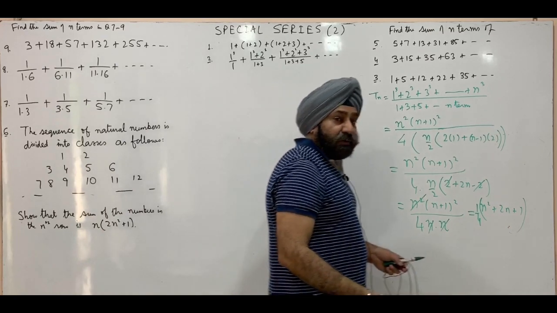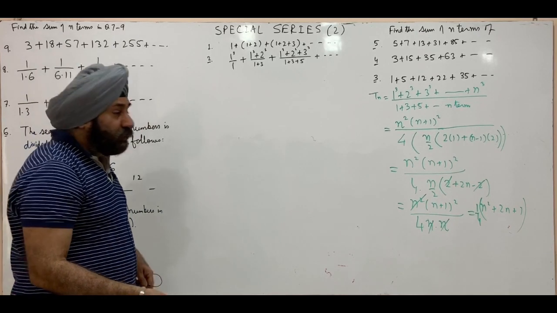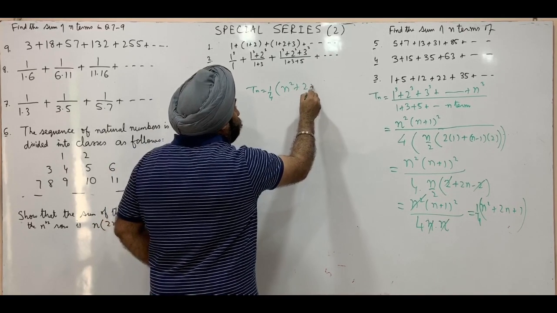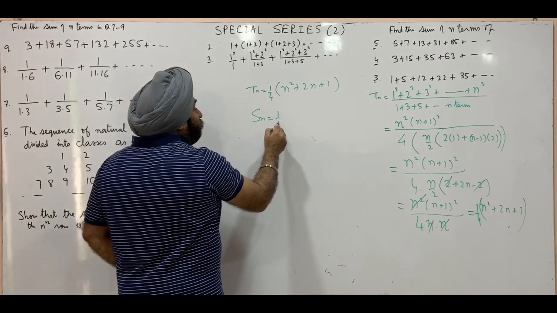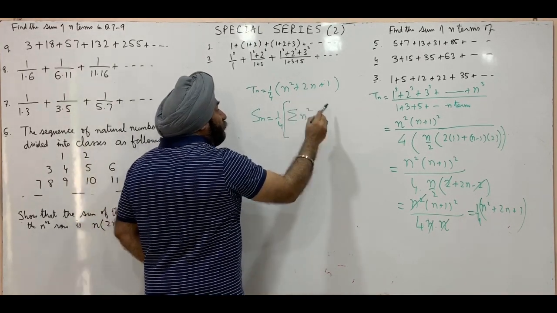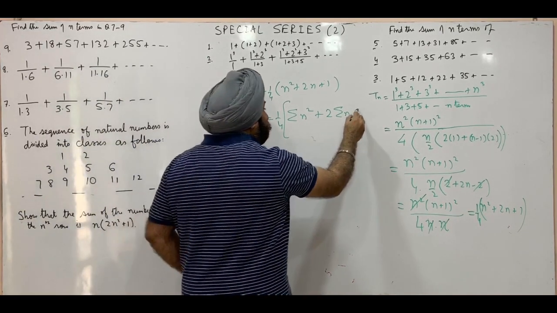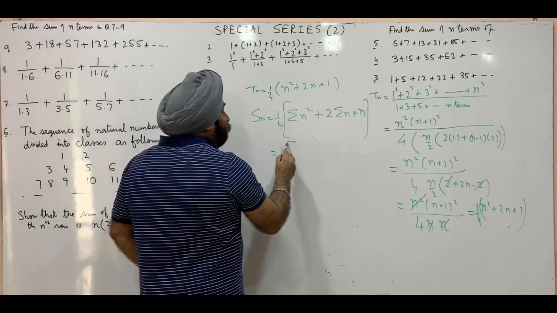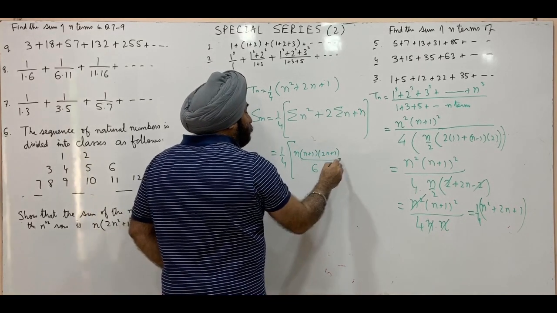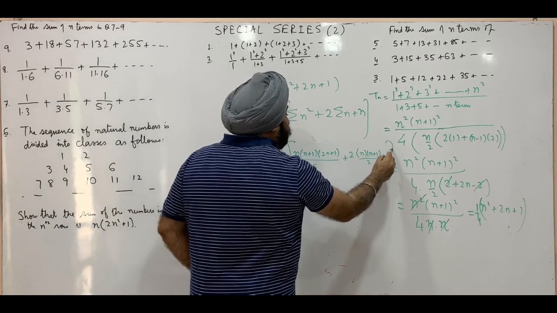The question is, we have to find the sum of n terms. How do we find the sum of n terms? Students, you know, we apply sigma. So we have Tn as 1 by 4 into n square plus 2n plus 1, and the sum of n terms will be sigma n square, then 2 into sigma n, and 1 will change to 1 into n, that is n. So this is 1 by 4, sigma n square is n into n plus 1 into 2n plus 1 upon 6, plus 2 into n into n plus 1 upon 2, plus n.